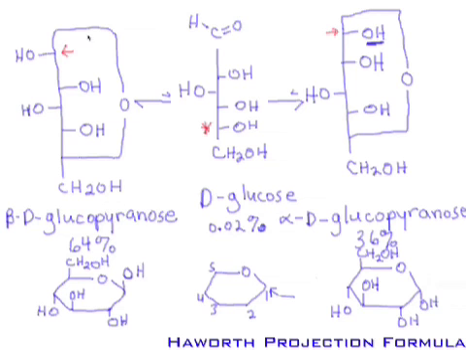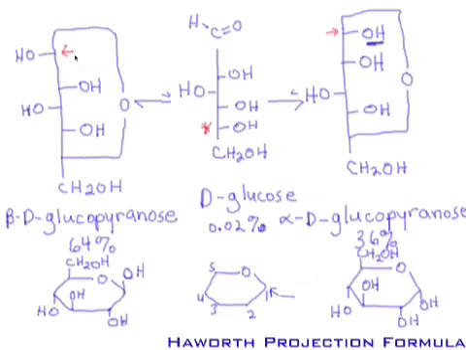If I memorize my sugars, I might say this looks an awful lot like the alternating OH, OH, OH, OH of idose, D-idose. And if I was just to simply use this and call it D-idose, I would be mistaken, because this is not the OH of the Fischer of D-idose, but this is actually the carbonyl. It's the anomeric carbon.